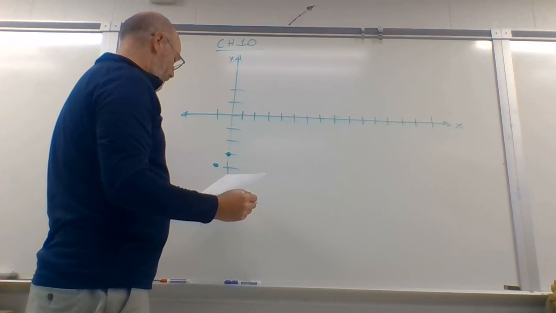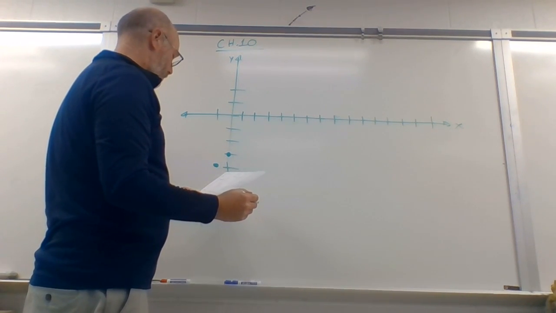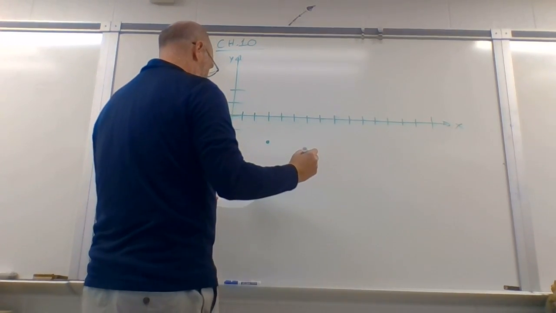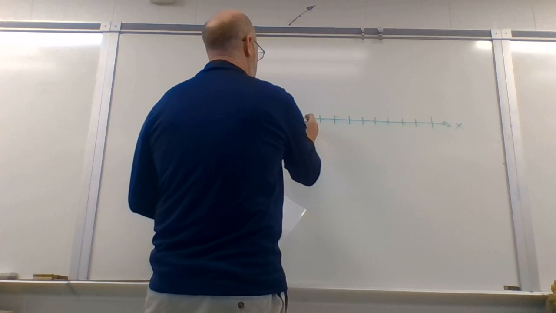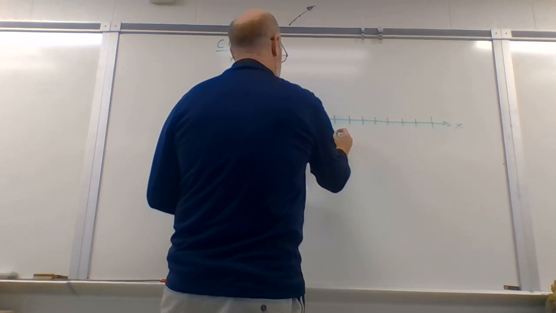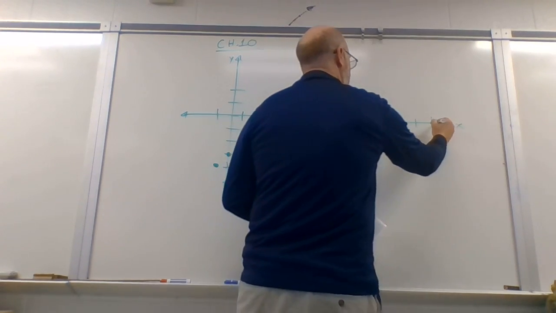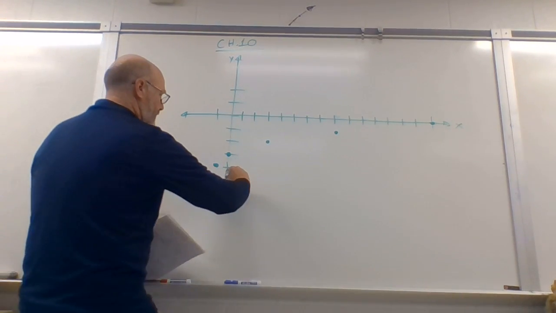Let's see here. 1, 3, -2. Is that right? Yeah. 8, -1. Oh, I'm just plotting points. 15, 0.